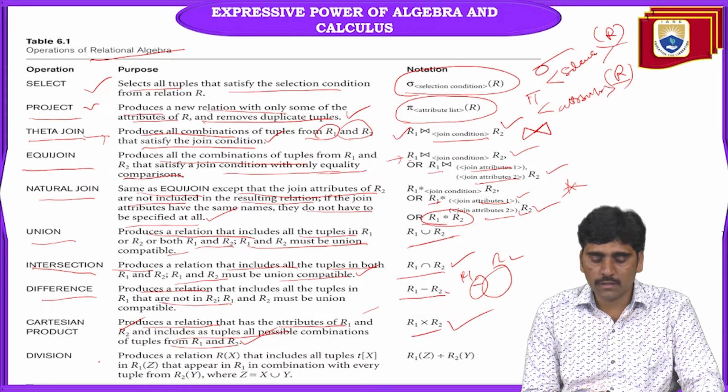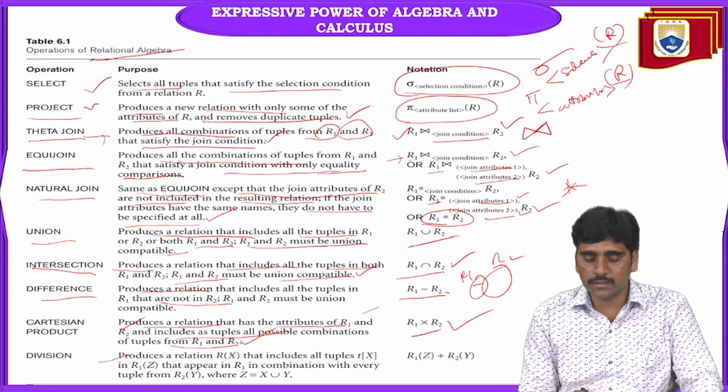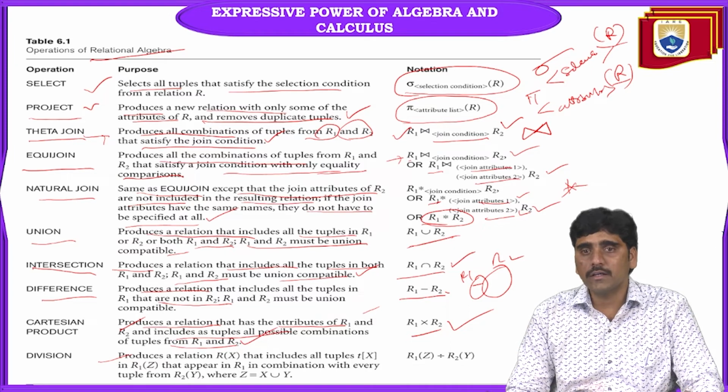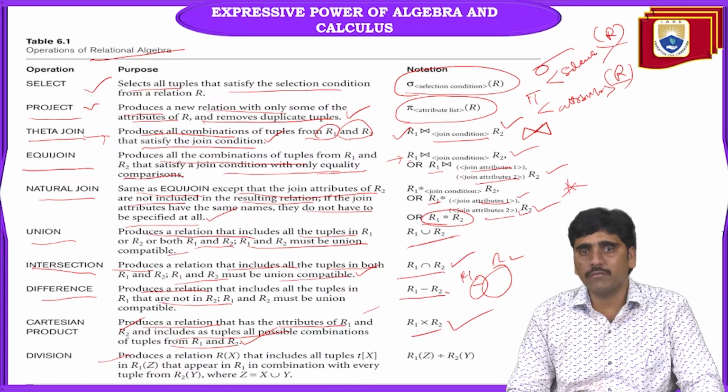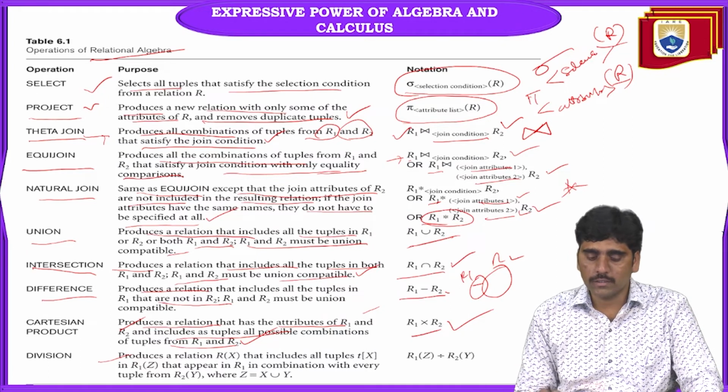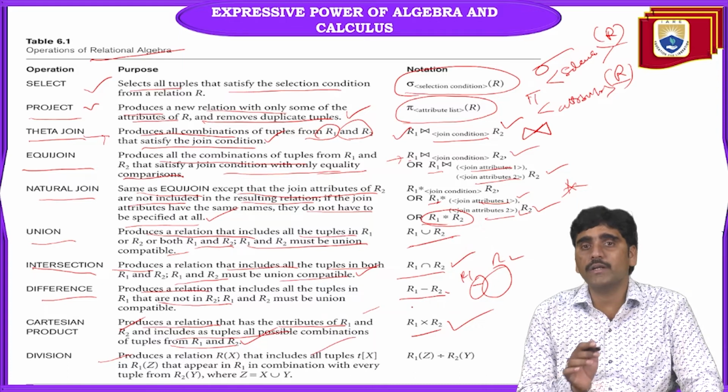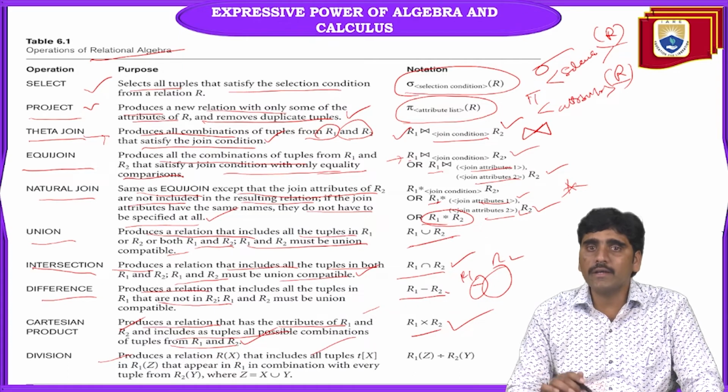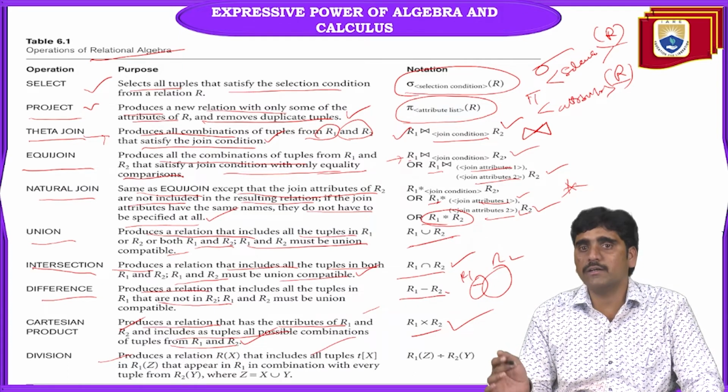And the last one, division. It produces a relation R of X that includes all tuples of table 1 that appear in R1 in combination with every tuple from R2. That is, it includes all the tuples from table 1 that appear in the second table.